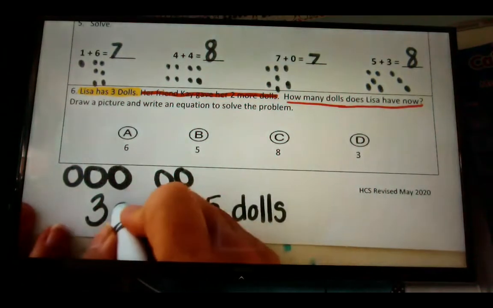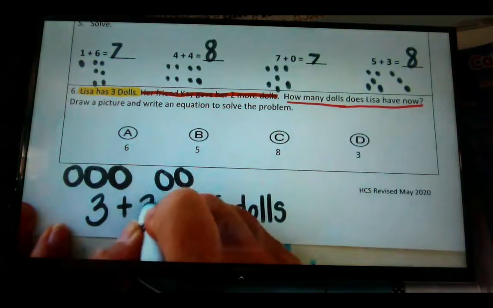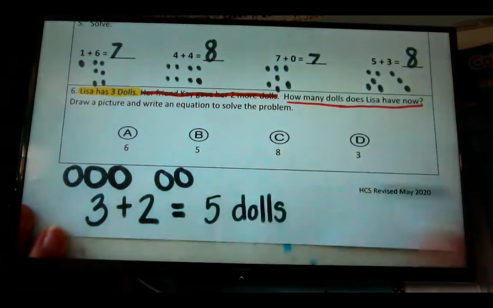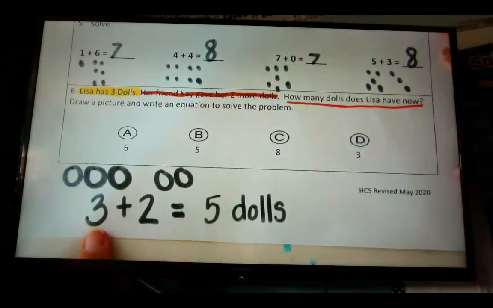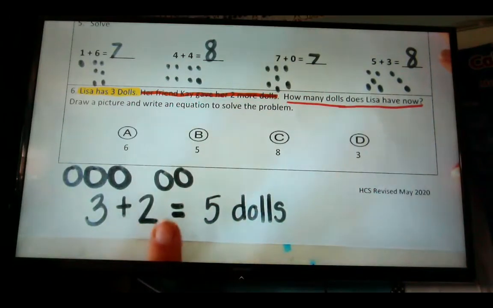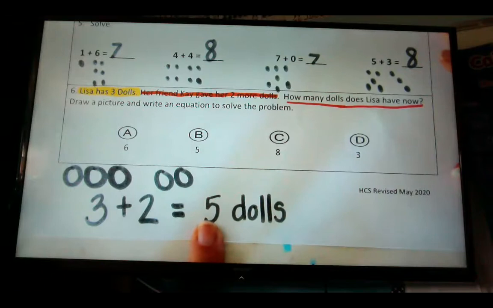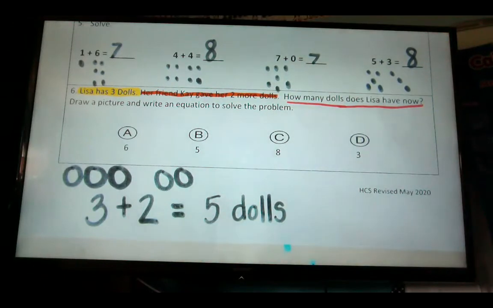We got 2 more. And when we get 2 more, we represent that with a plus sign. So let's read our equation. 3 plus 2 equals 5. Lisa has 5 dolls now.